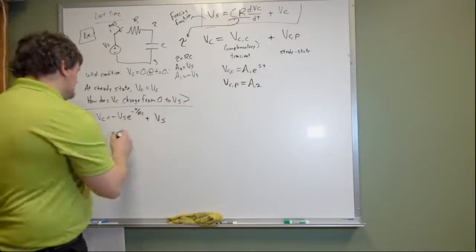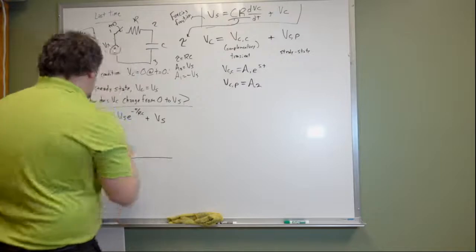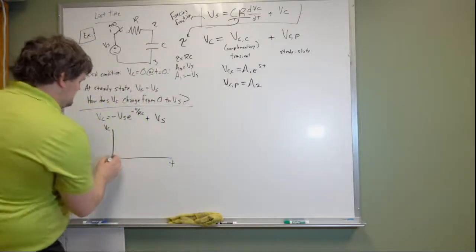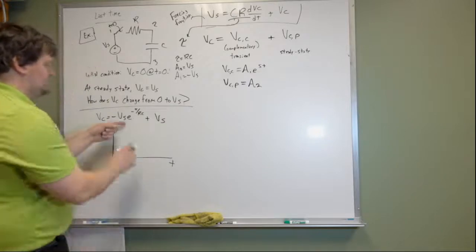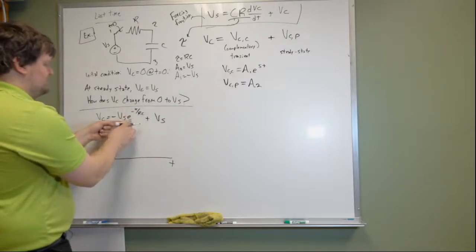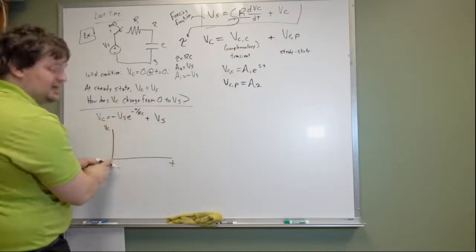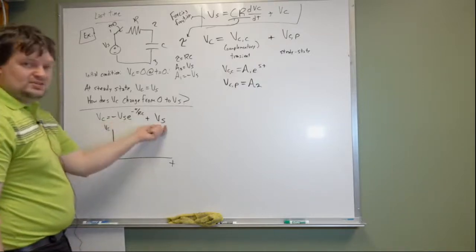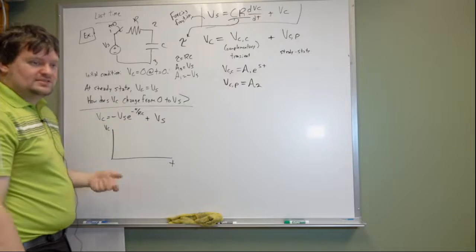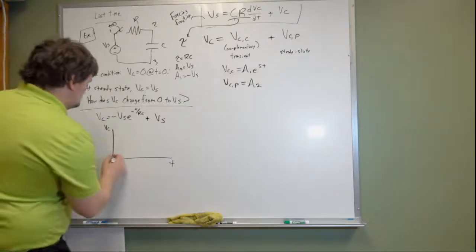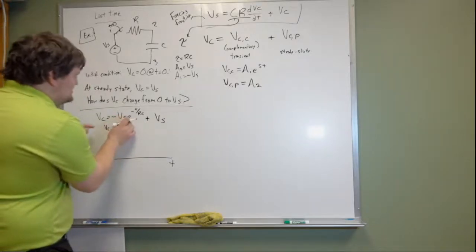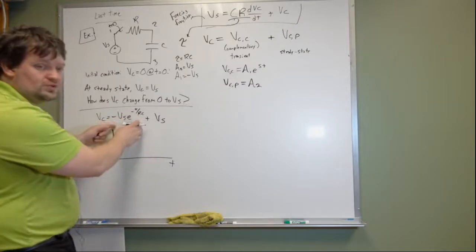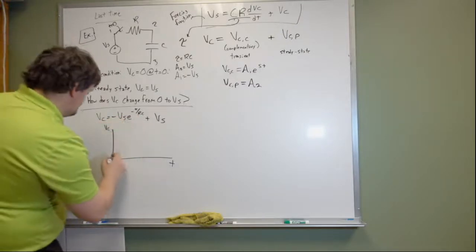Well, if we graph out this function, where this is the voltage across the capacitor and this is time, what you end up with is, we know that it starts at 0. At t equals 0, you have negative Vs plus Vs. That is the transient piece. The transient piece is forcing this piece to drop back to 0, because that's the initial condition. Okay? And as we move along with time, as t increases, this value becomes smaller and smaller.